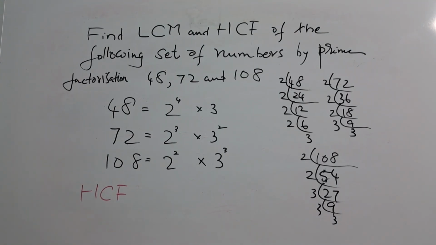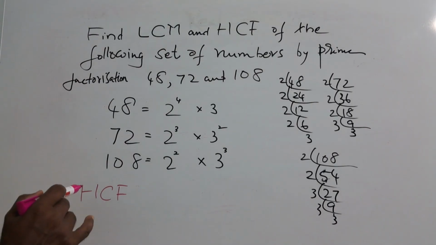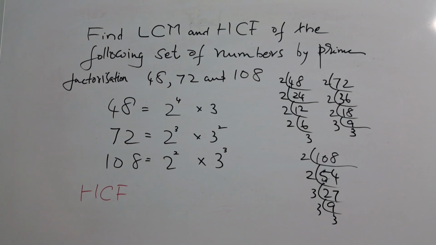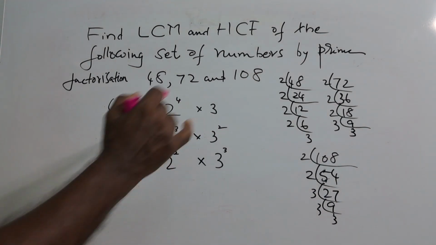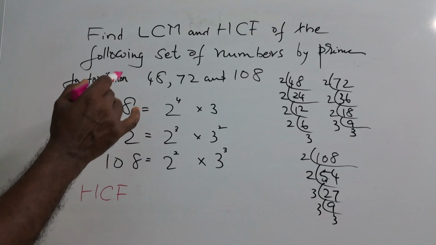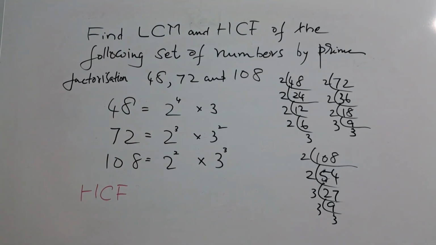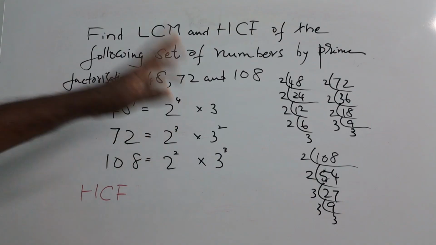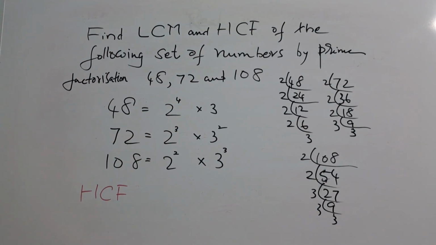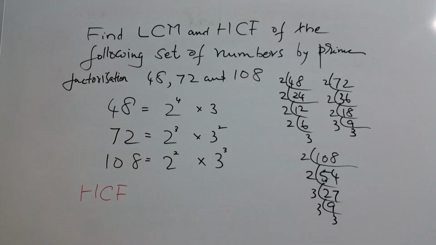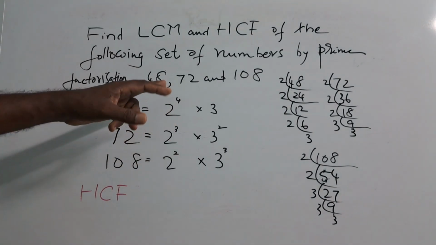HCF is considered only if the factor is common to all the numbers in the set. Now we have two prime numbers common to 48, 72 and 108. What are the numbers? 2 and 3. 2 is common to all the three numbers and 3 is also common to all the three numbers.